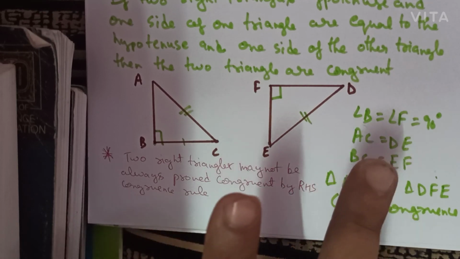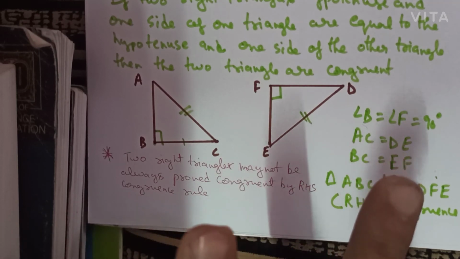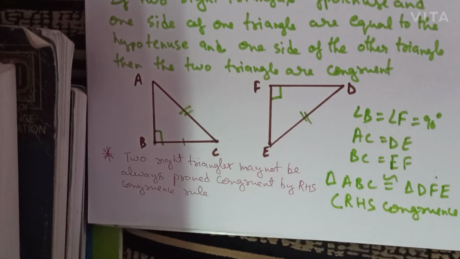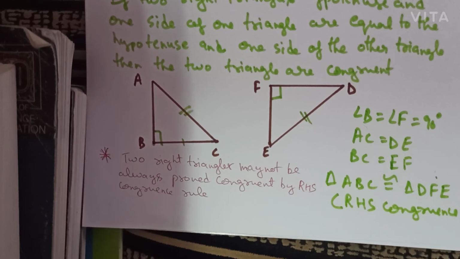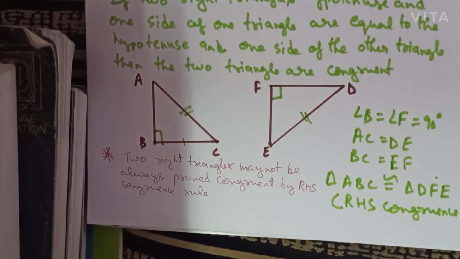They may be proved congruent by RHS, or they may not be if one of these three things is missing. We will discuss it when we do the questions of the exercise, where we have two right angle triangles which we will not prove by RHS congruence. I hope all the congruence conditions are clear to you.